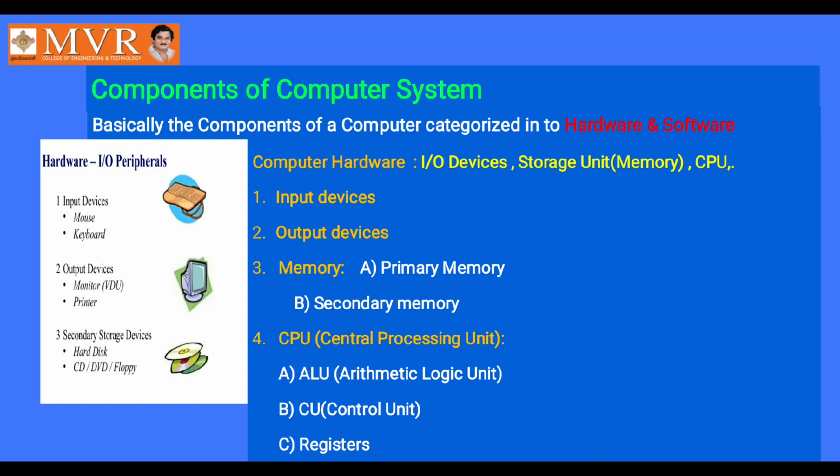Those numbers are allocated in binary form: 0000 is location number 1, 0001 is location number 2, 0010 is location number 3 if you convert this binary into decimal. Like that, with the help of this binary number coding system, all the memory locations are given a unique ID called the address of the location. So this is about primary memory.